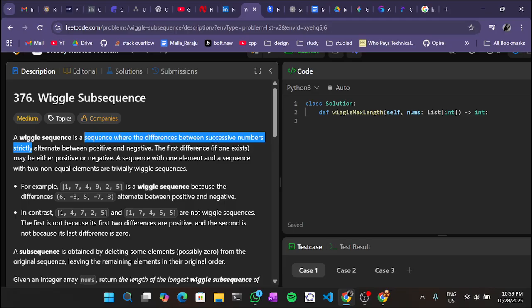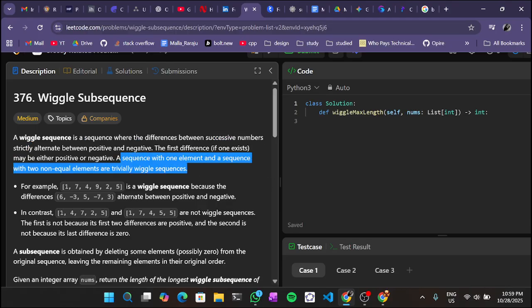A sequence with one element and a sequence with two non-equal elements are trivially wiggle sequences. So wait a minute. A sequence with one element and a sequence with two non-equal elements are trivially wiggle sequences.